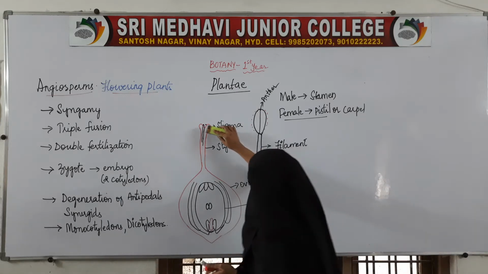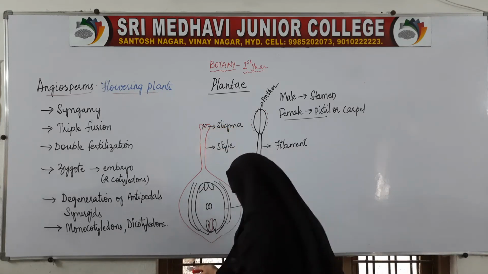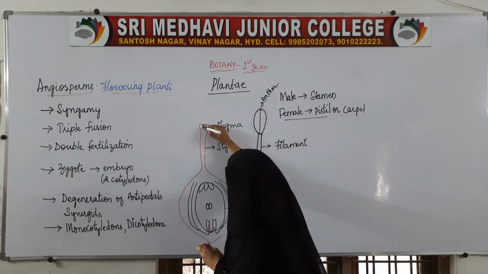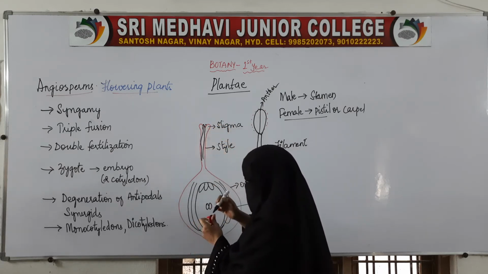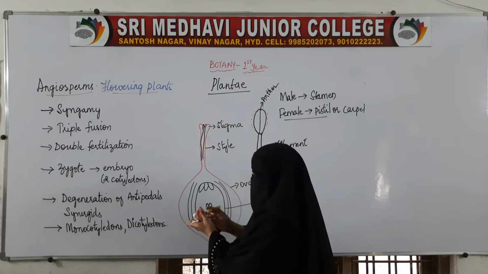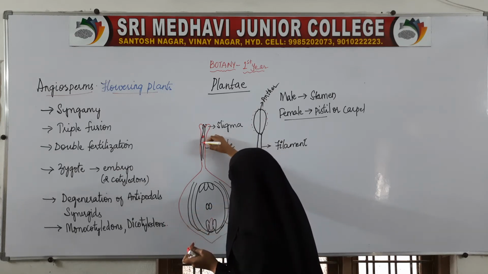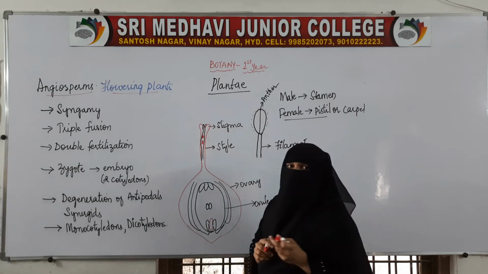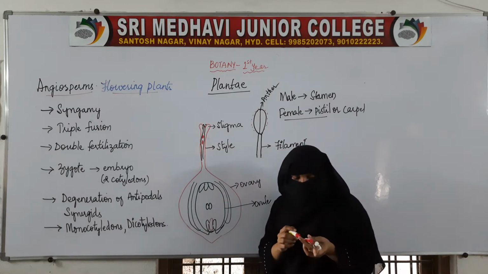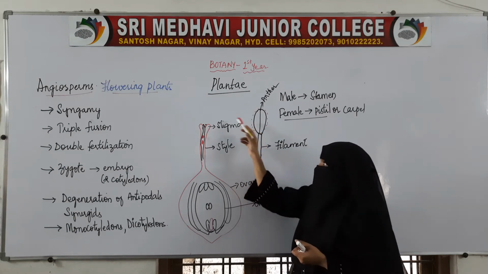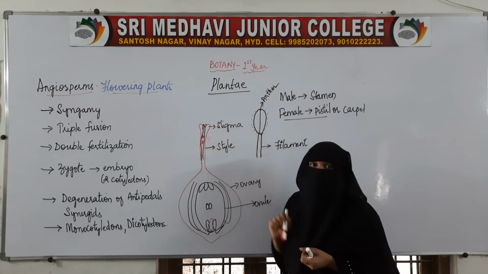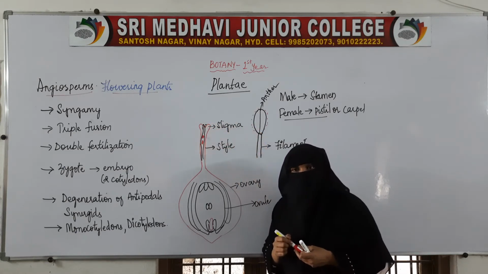It grows a pollen tube, and inside this pollen tube two male nuclei will be present. Inside the pollen grains, two male nuclei will be present. As soon as the pollen grain falls on the stigma, it can be by various means.